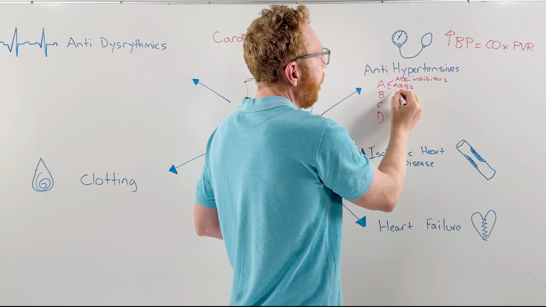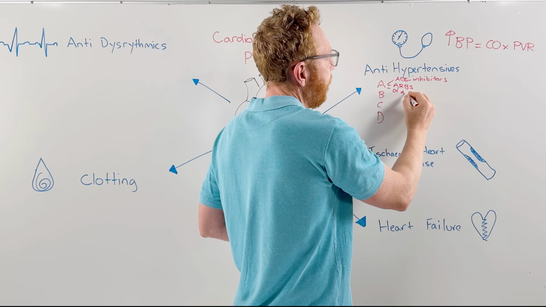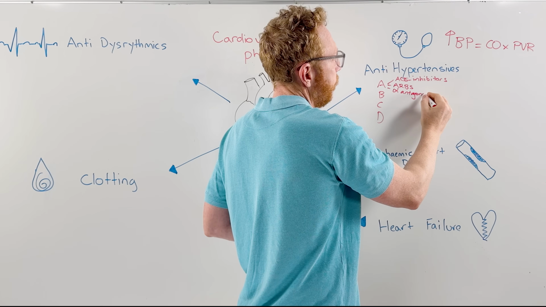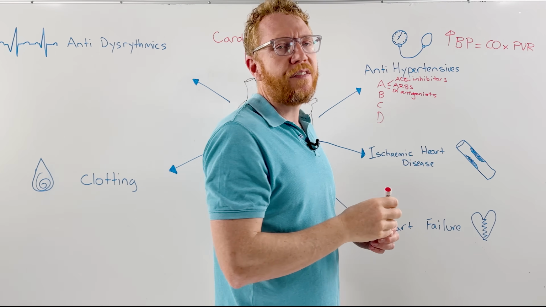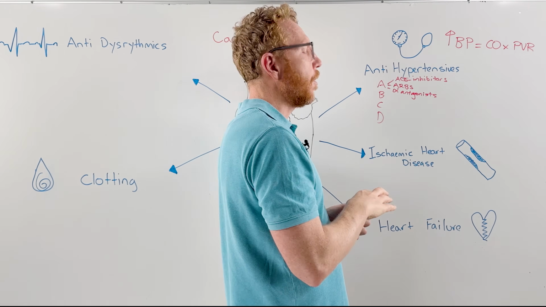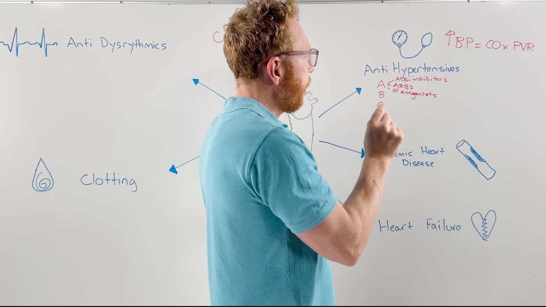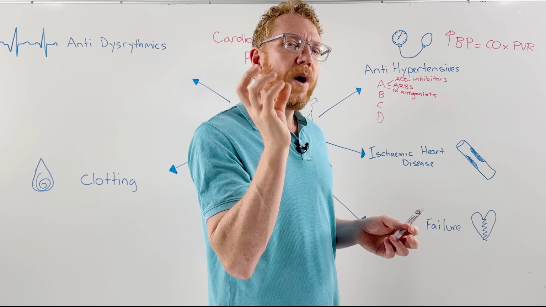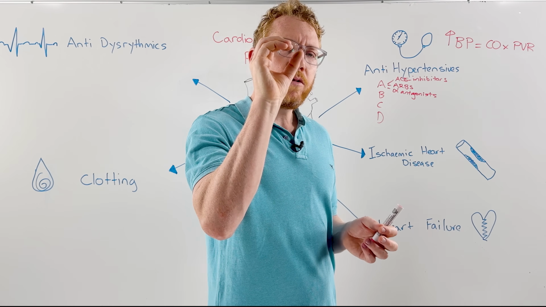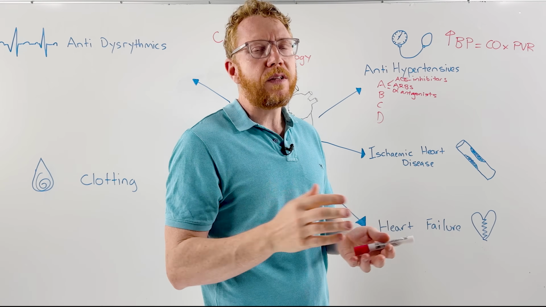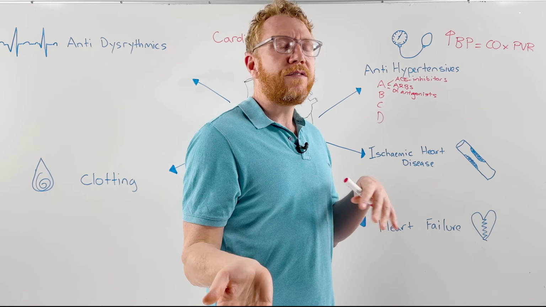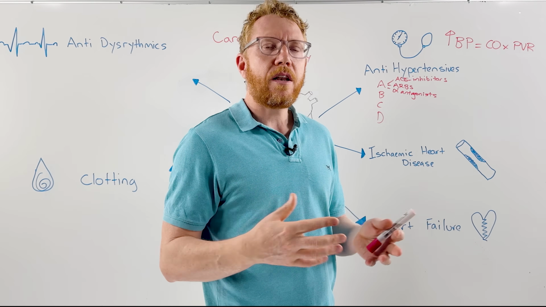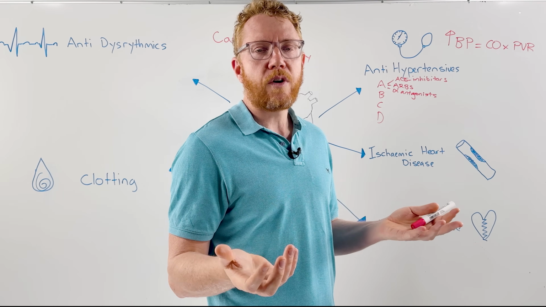The other A is the alpha antagonist, or alpha blockers, or alpha 1 blockers. So these receptors, these are what we call adrenergic receptors. They are on certain blood vessels, and when adrenaline binds to them, it causes vasoconstriction. This would be useful in situations like wanting to divert blood away from your skin, your gastrointestinal tract, or certain locations that you don't need it in a stress response.